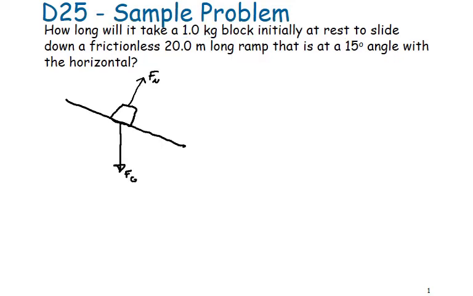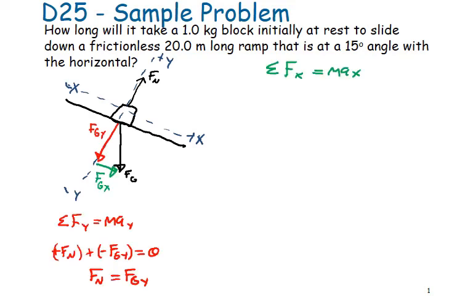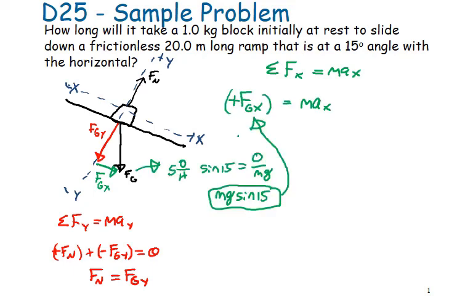Okay, so we should have the normal force, force of gravity, the coordinate axis set, and force of gravity in x and y set up, so the normal force counteracting force of gravity in y, and the sine of 15 would be the force of gravity in x.